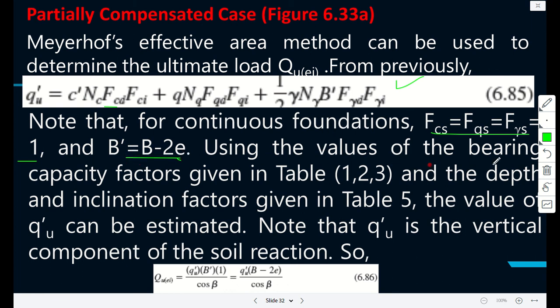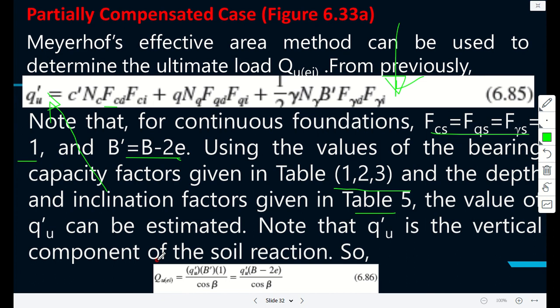Using the values of the bearing capacity factors given in tables 1, 2, 3 we talked about, and the depth factors given in table 5, the value Qu can be estimated. Note that this is the vertical component, without the inclination.